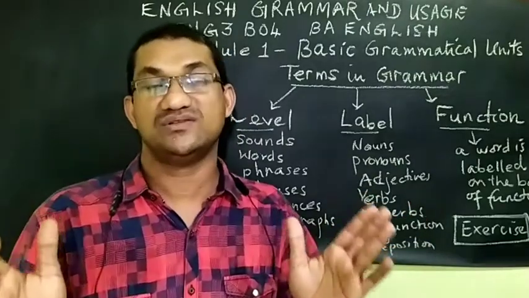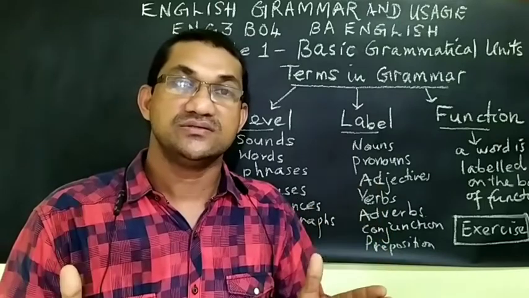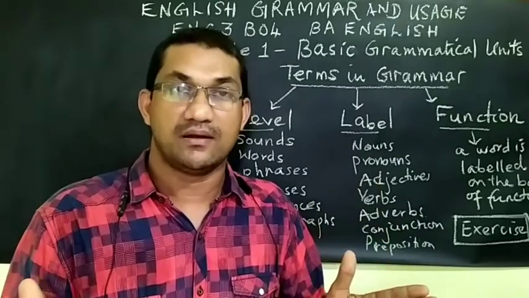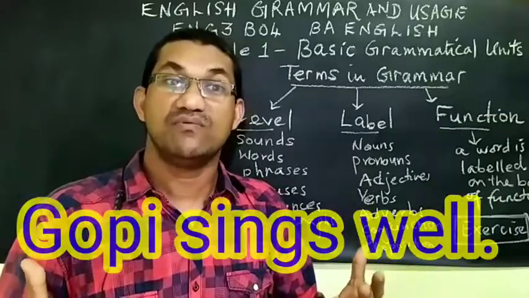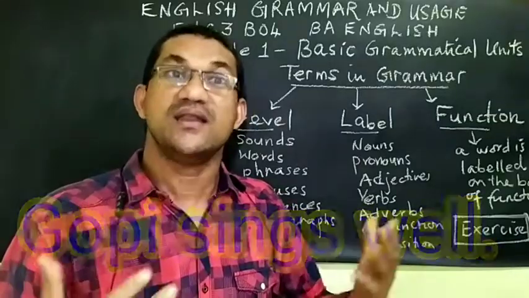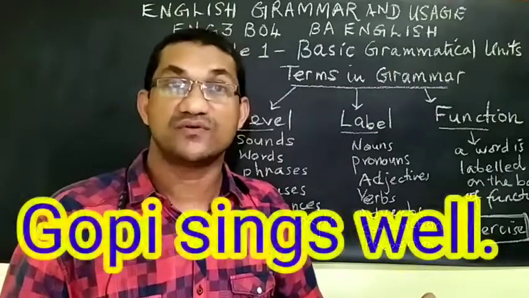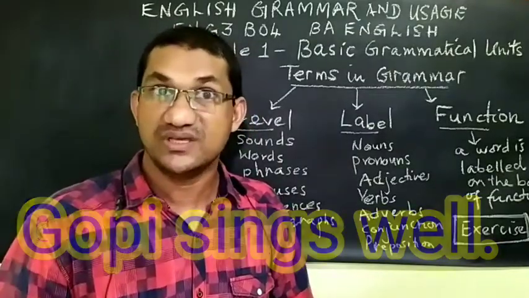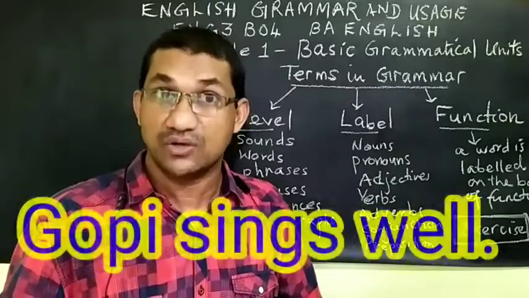Say, for example, look at this sentence: Gopi sings well. Gopi is a noun, sings is a verb, and well is an adverb. How does he sing? He sings well, in a good manner.